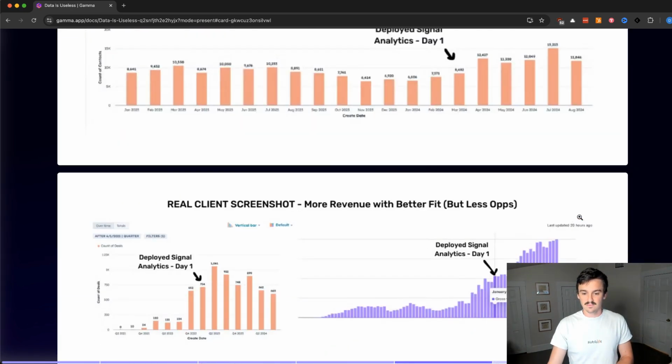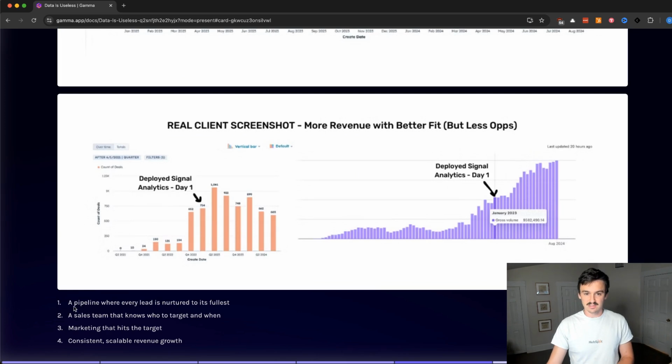And so, I had a couple more things down here actually. Let me go back. This is the second example, client screenshot, where we deployed Signal Analytics. On the left-hand side, you have the number of deals. That increased a little bit once we deployed Signals and Signal Analytics. And then you see here that the real results come later on. So we deployed Signal Analytics, about a quarter passes, and then the revenue starts climbing rapidly.